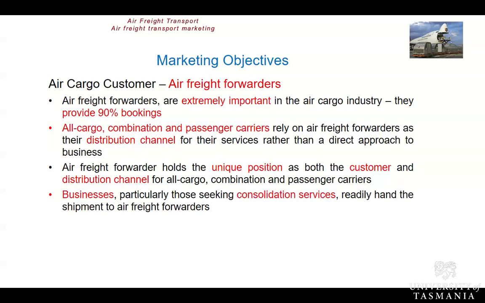Now, why is the air freight forwarder in this unique position? It's to do with the services it can offer a shipper. One of the things that the air freight forwarder can do is that it can build up a small shipment into a large shipment.